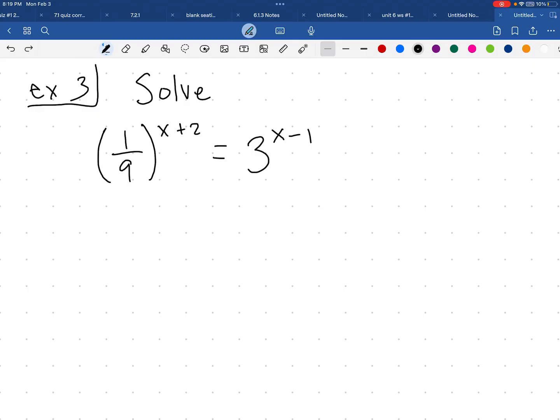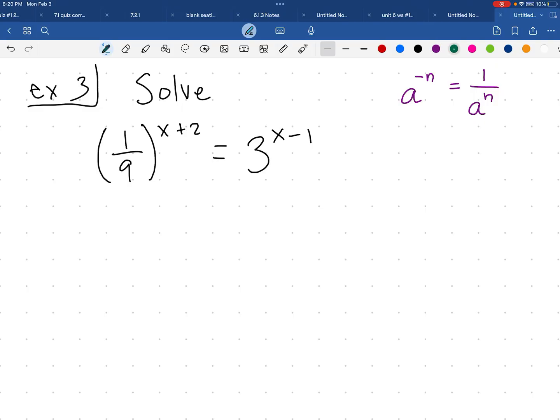So you have to think about what kind of exponent changes something from being a whole number to a fraction. And hopefully you're remembering negative exponents. So remember that a negative exponent makes a fraction. So we know that a to the negative n makes 1 over a to the n.